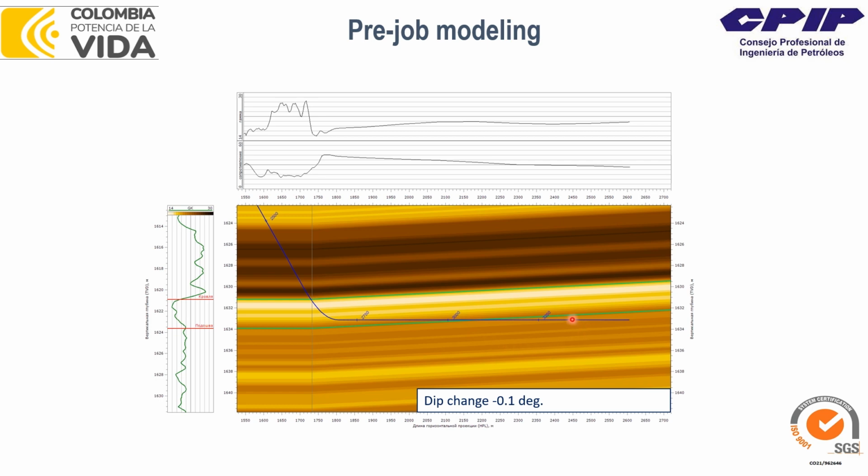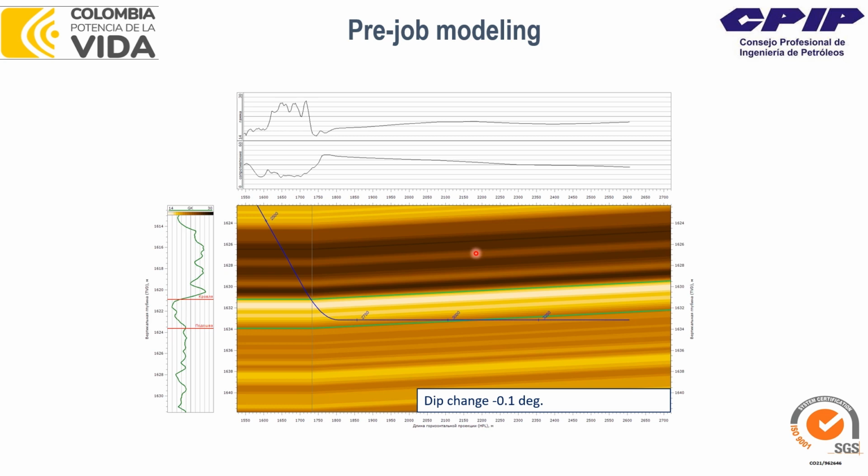Also you can see the curve response, not that obvious, but still you can see an increase in gamma ray once we go down and a decrease in the resistivity. And what is important, the behavior of the curve looks very different when the dip is going to change up or going to change down.